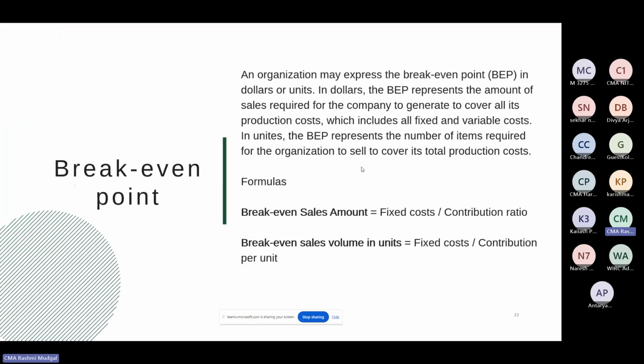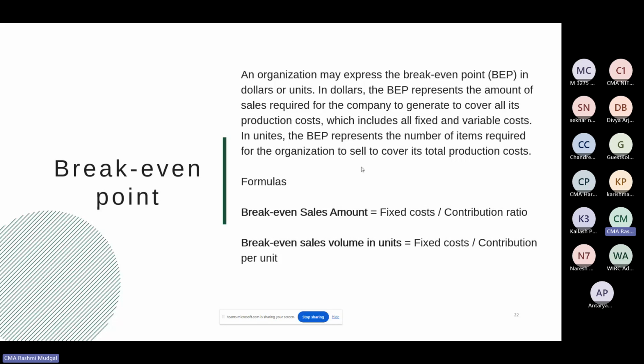Next is the break even point. What is the break even point? It is where the organization is not earning any profit and there is no loss to the company. An organization may express a break even point in dollars or units. In dollars, the BEP presents the amount of sales required by the company to recover its production cost.